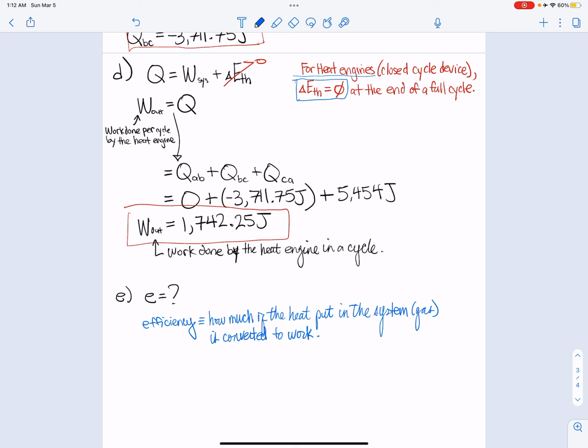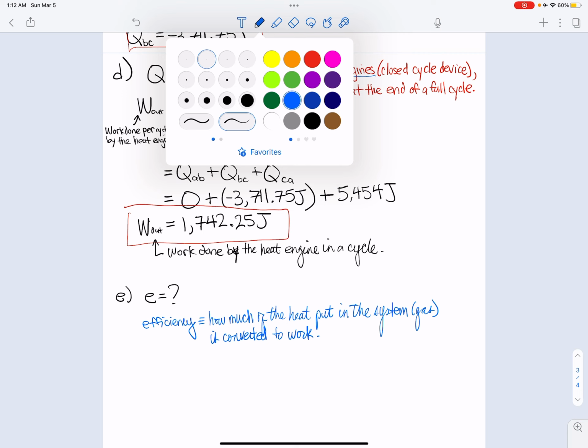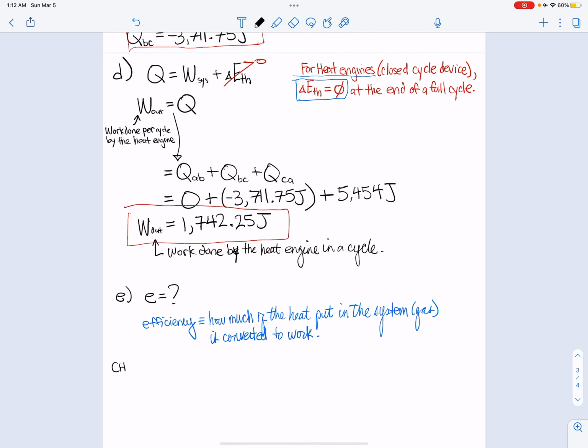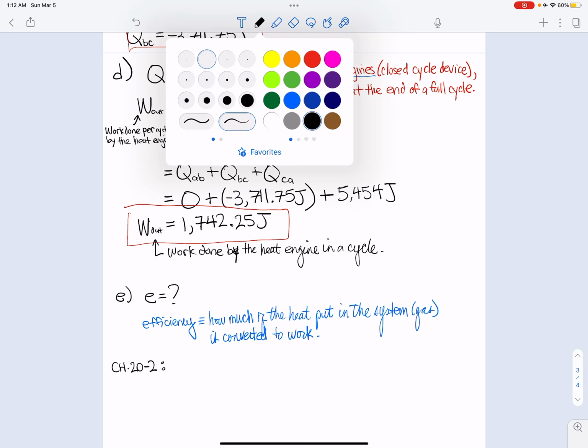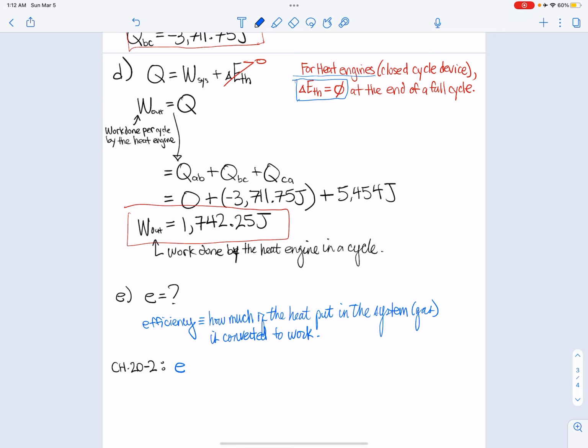In chapter 20, section 2, we know that the formula for efficiency is equal to work out divided by heat transfer, or QH, the heat added to the system.